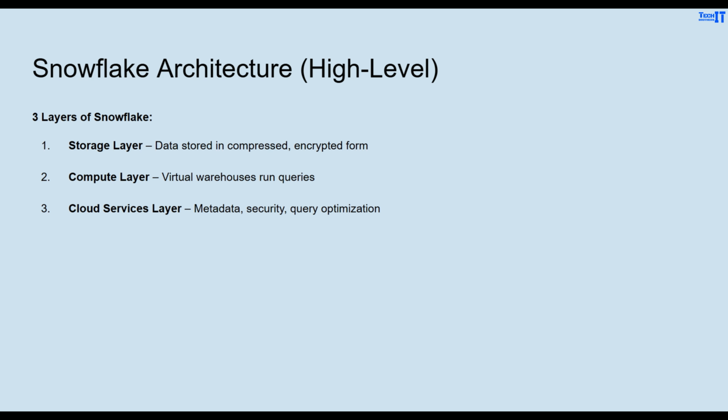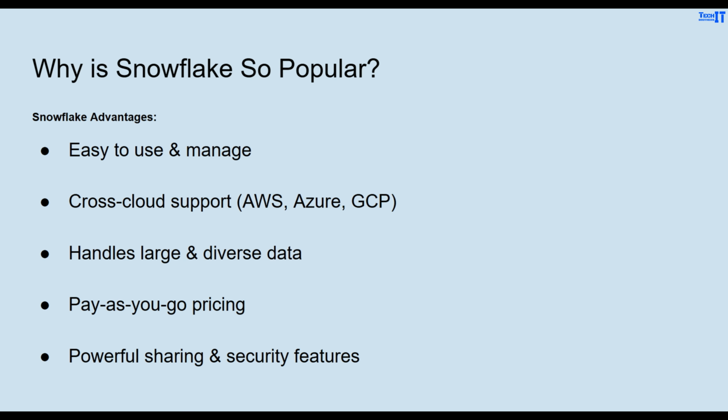Think of it like a big hotel. Storage is the building, compute is the staff working on different shifts, and cloud services are the management ensuring everything runs smoothly. Here are some reasons why Snowflake is so famous.